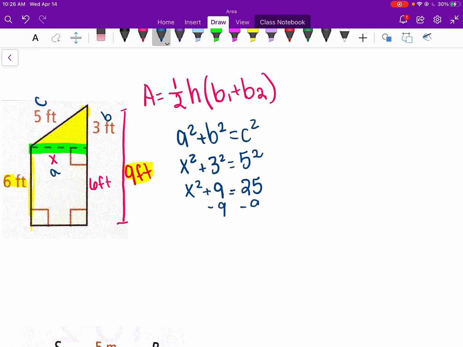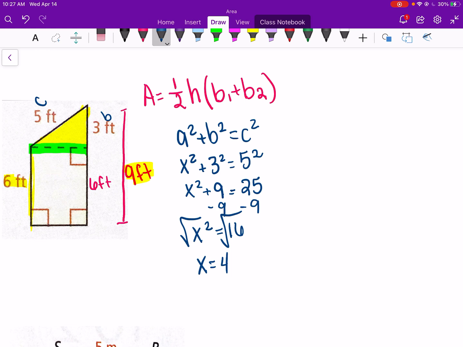Then we would subtract the 9. So x squared equals 16. And then finally take the square root of both sides. And the square root of 16 is 4. So now we know that x is 4. So that is our height.